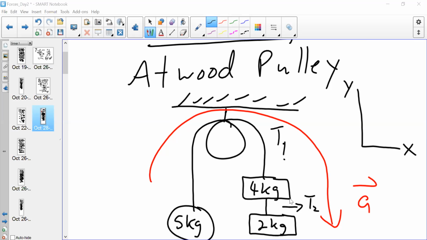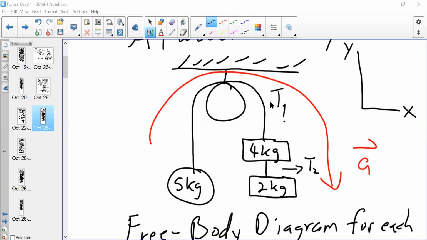In the picture, you have the problem set up for you. The perspective is just going to be the vertical axis, the y-axis. The system will be moving towards the right, or whatever the case may be. You just determine what the system is. The side that has the larger mass is going to be moving downward, and that's the direction of the acceleration.